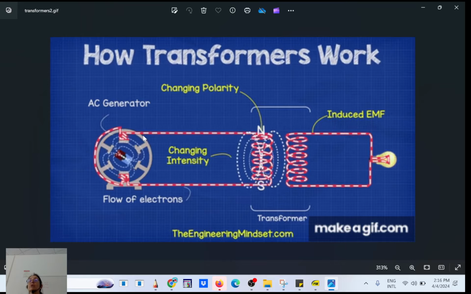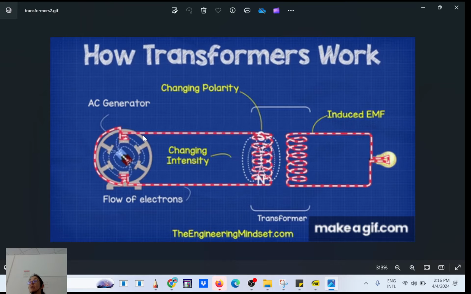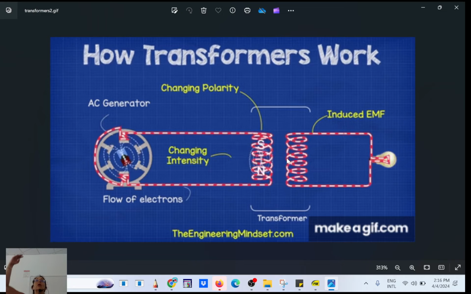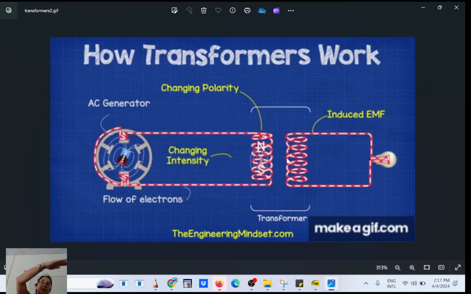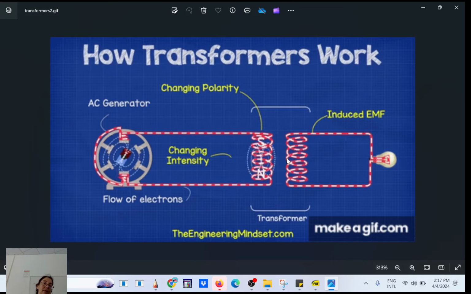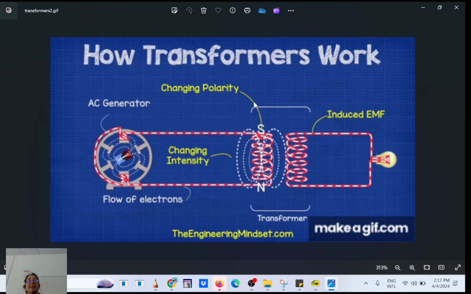Okay, so you're going to produce about 20,000 volts. And then you use a transformer to step it up to about 100,000 volts until it gets to the city. Then you step it down, and then step it down again until you get 120 volts.